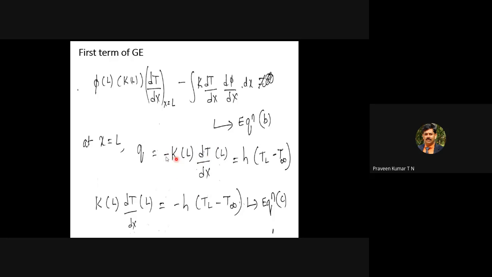This we are familiar with, k into dT by dx. In heat transfer, you say k A delta T by L, that is conduction heat transfer. But the area becomes 1 meter square. dT is nothing but delta T. The dx in your regular heat transfer is the length. So now that is equal to h into T_L minus T infinity.